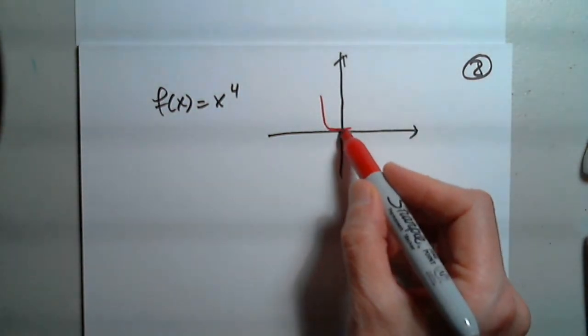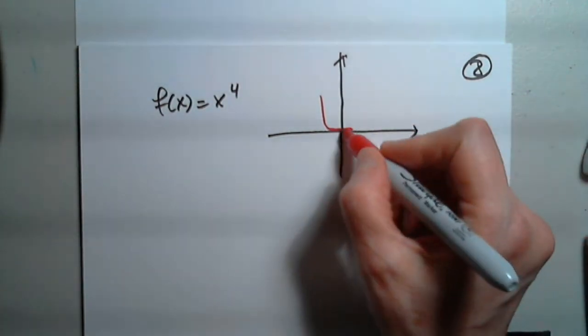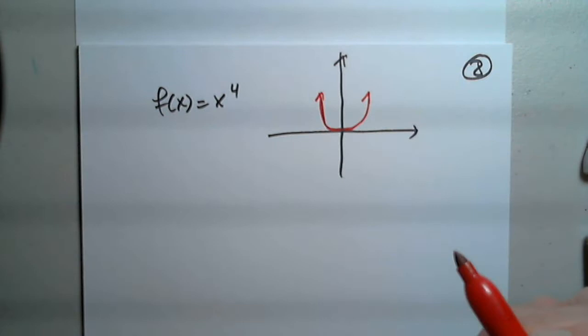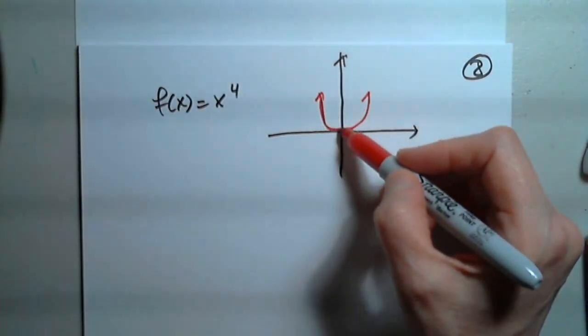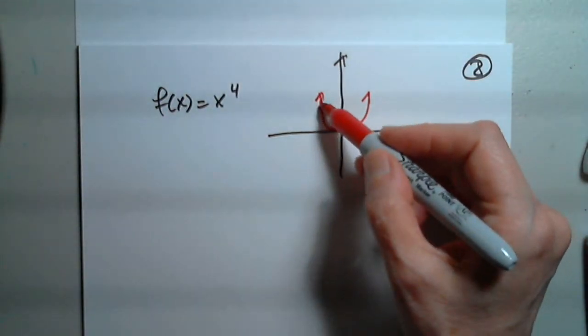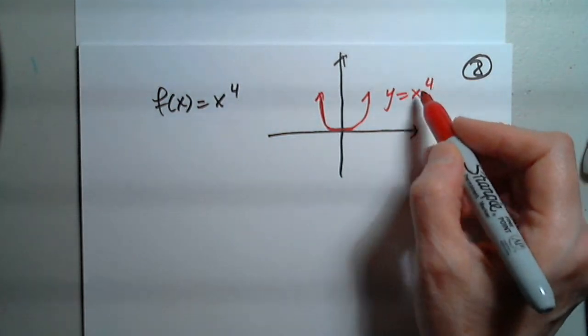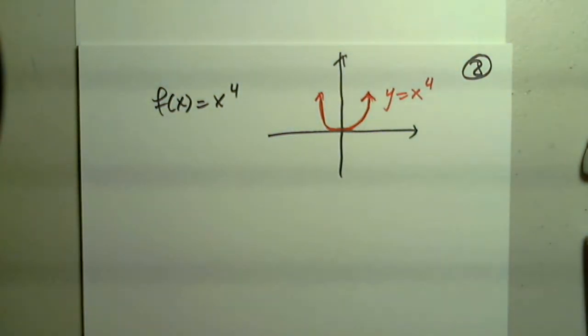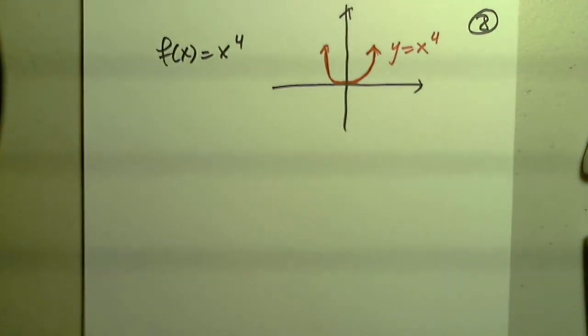It still has only one intercept, but it's much flatter than x squared. X squared looks like this. And y equals x to the fourth, flatter at the origin. So these are polynomial functions.